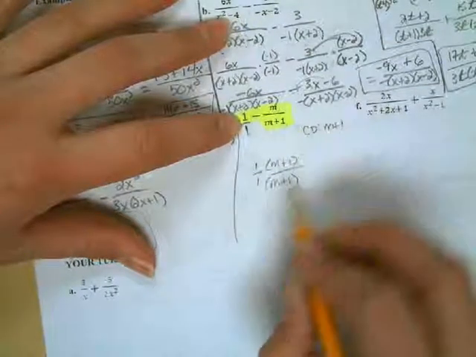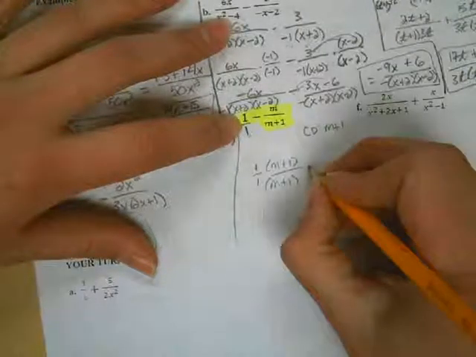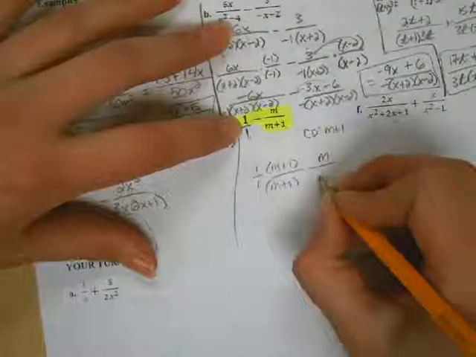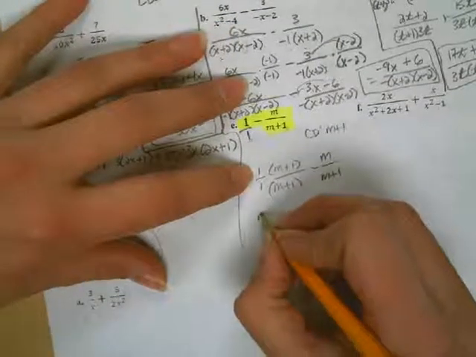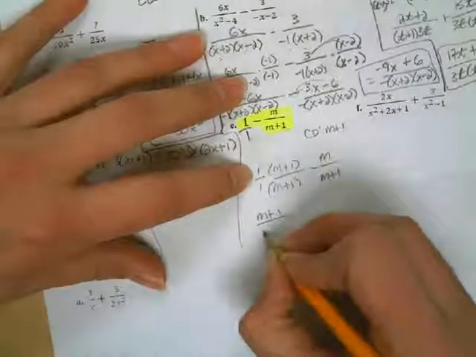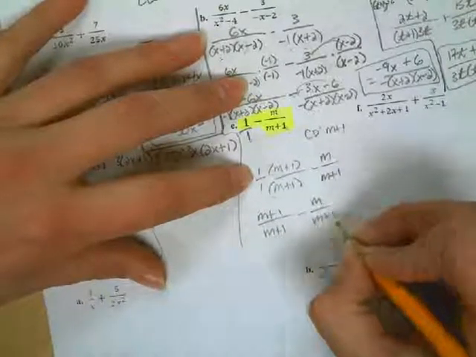If you think about it, m plus 1 over m plus 1 is still 1, so we haven't changed any values. So minus m over m plus 1. This is going to give me m plus 1 over m plus 1 minus m over m plus 1.